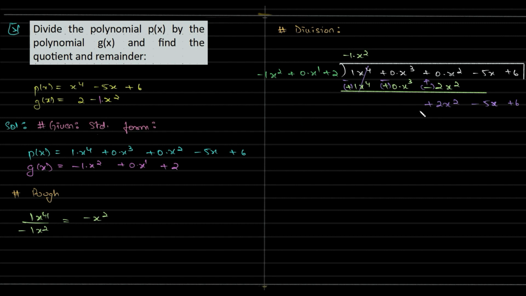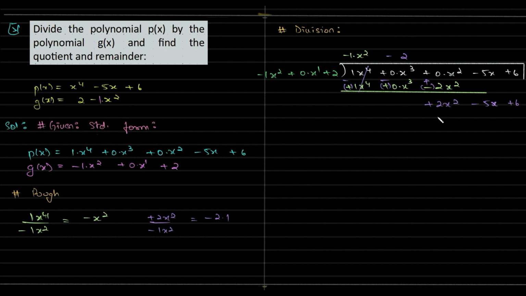So next, your new dividend is this, and the divisor is that. 2x square divided by minus 1x square: plus divided by minus is minus, 2 divided by 1 is 2, so we have minus 2.